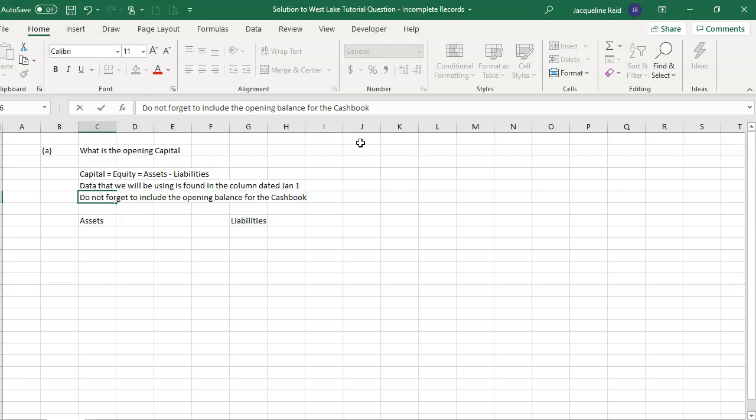And I think when I look back at the cash book, the first thing I note is that the opening balance is on the credit side. The opening balance is on the credit side. And that would mean that Westlake is starting the year with a bank overdraft.